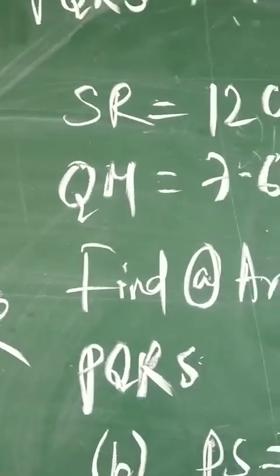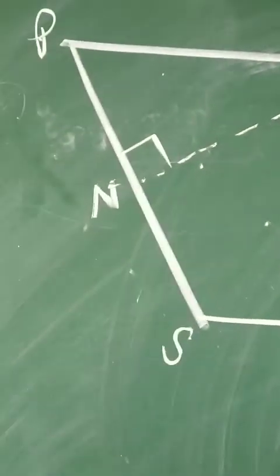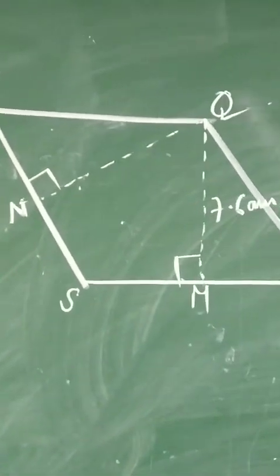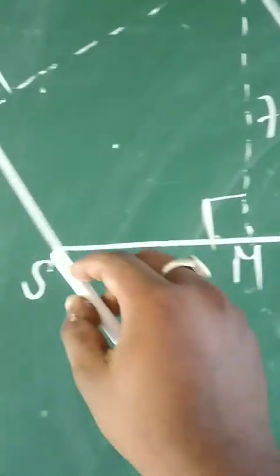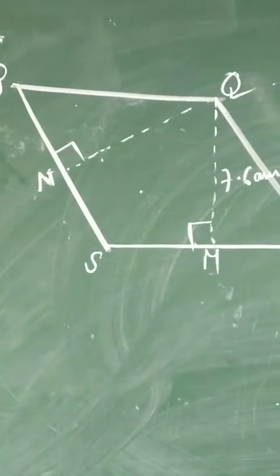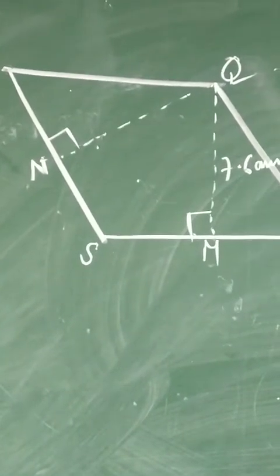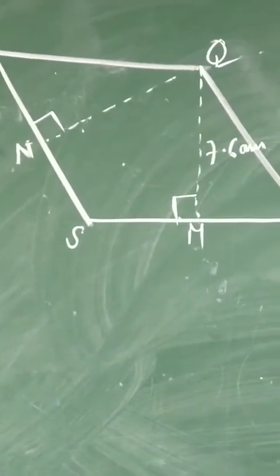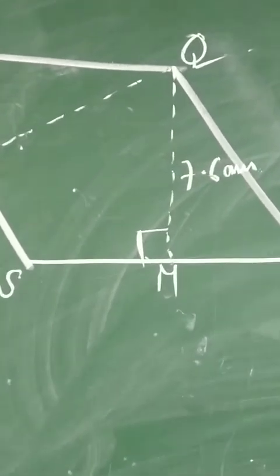The name of this parallelogram is PQRS. PQRS is a parallelogram in which there are two perpendiculars, or heights.